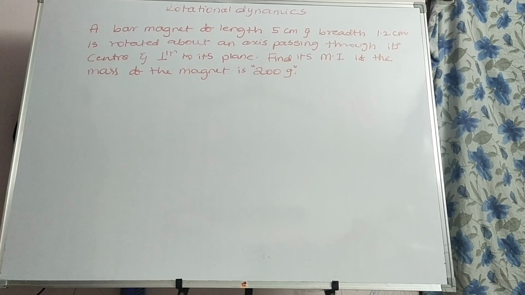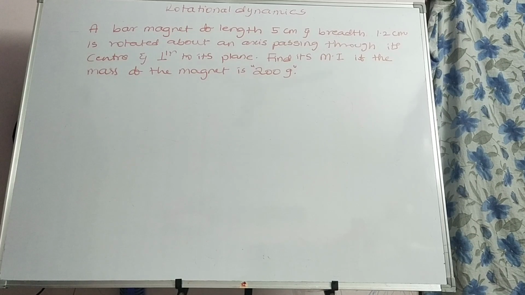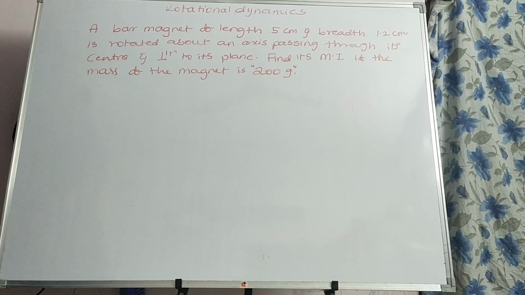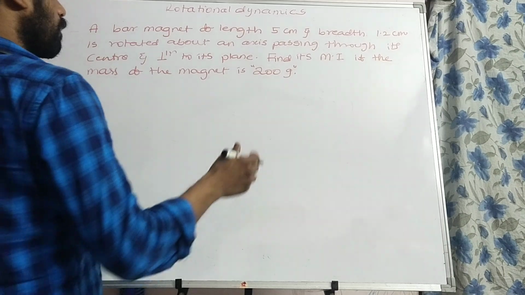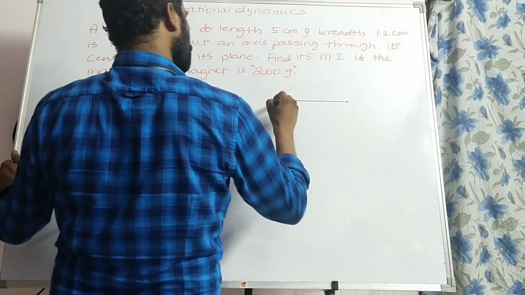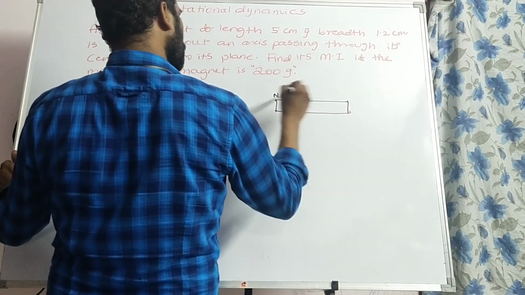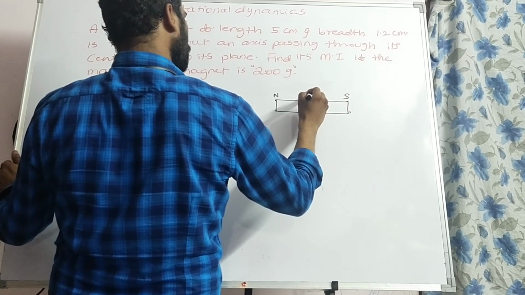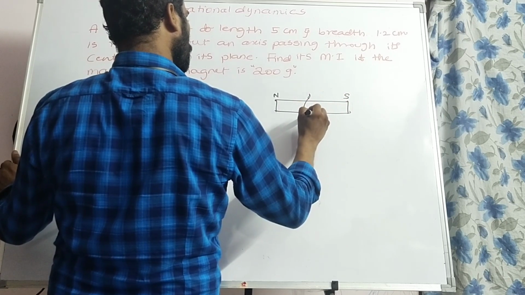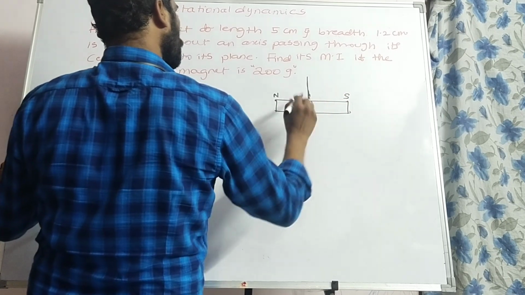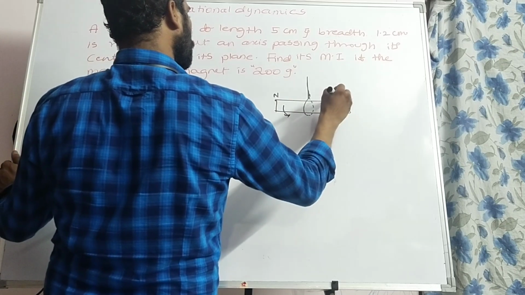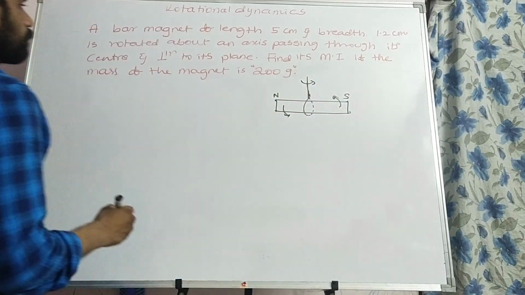A bar magnet of length 5 cm and breadth 1.2 cm is rotated about an axis passing through its center perpendicular to its plane. Find its moment of inertia. So let us consider the bar magnet, north pole and south pole. It is getting rotated like this, so that will be the axis of rotation.